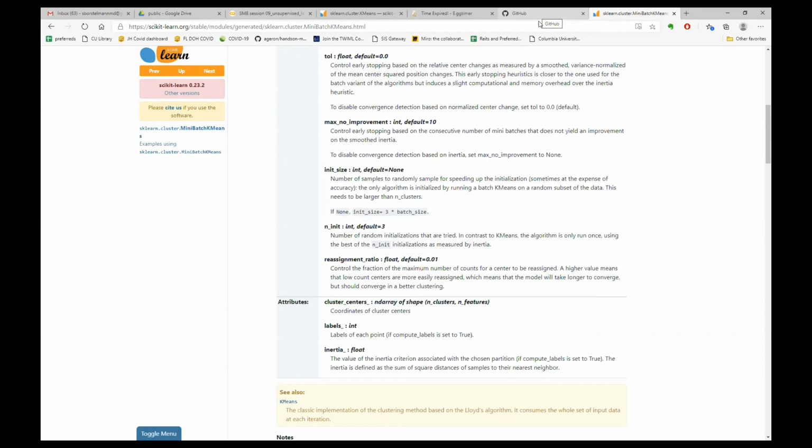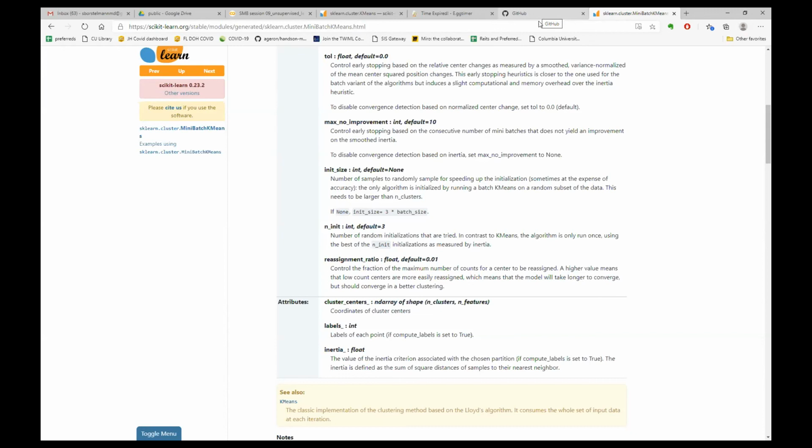The algorithm is initialized by running a batch k-means on a random subset of the data. So I believe that random subset is what the 500 data points represent. Okay. And then when you're running a mini batch, you go through the 500 data points.